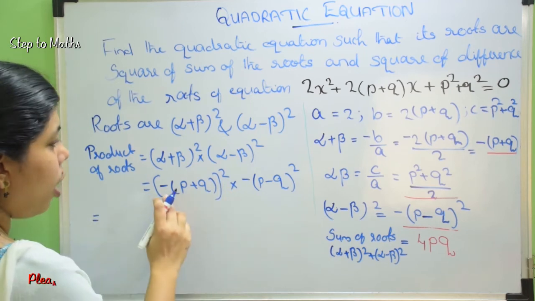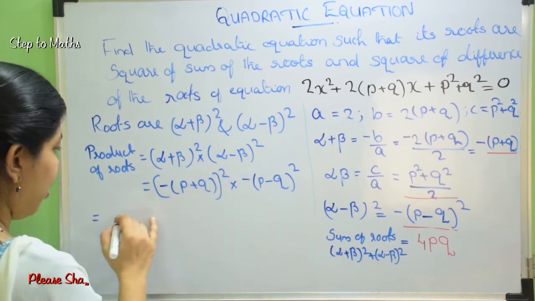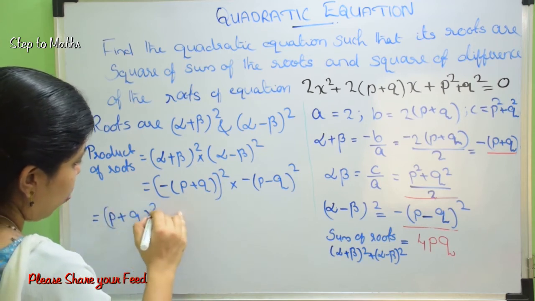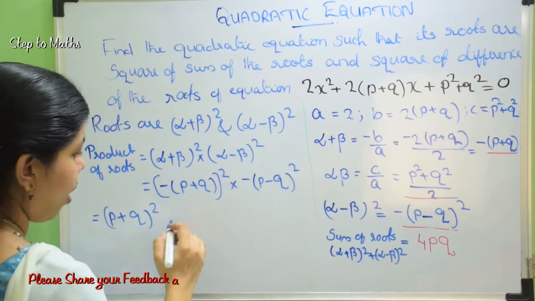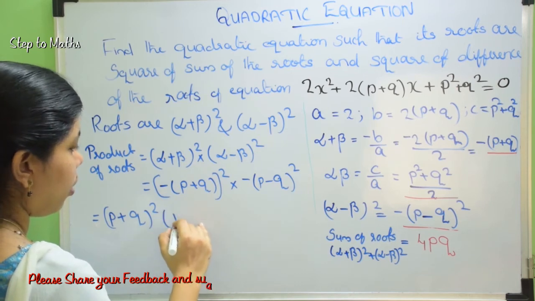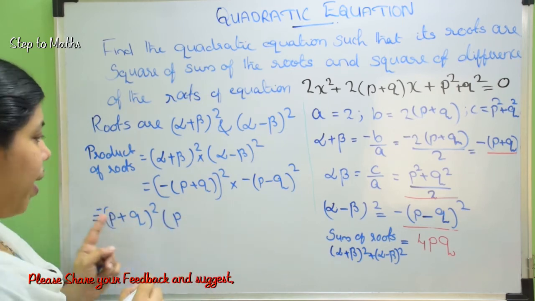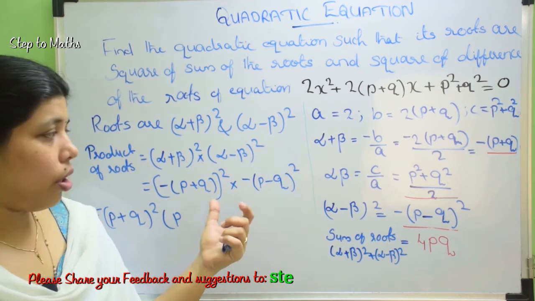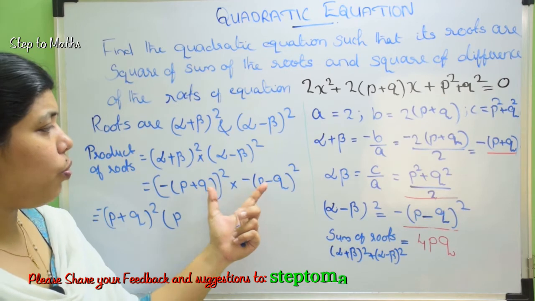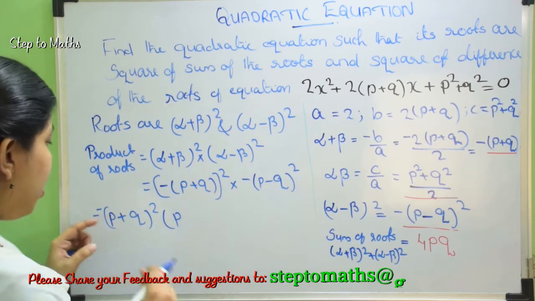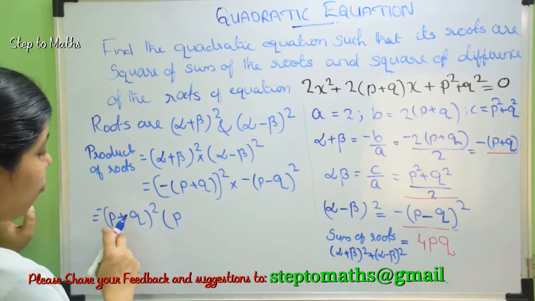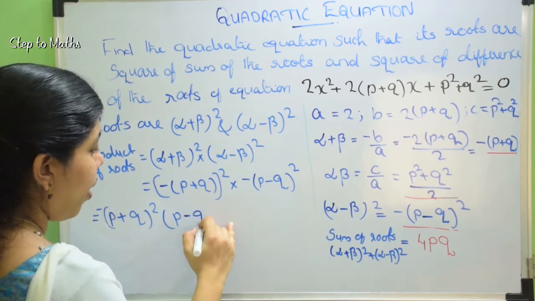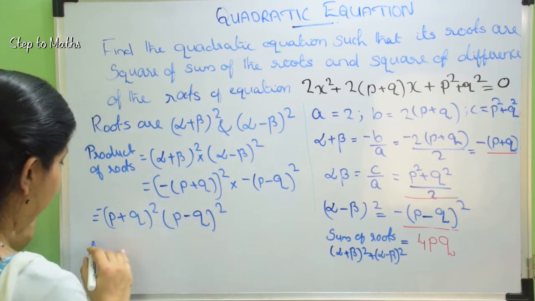Then it becomes p plus q square into, we can put the minus sign here, since the product of two terms, one positive and one negative, is minus of p plus q square into p minus q square.